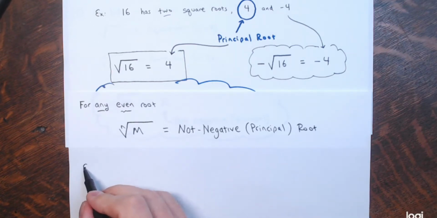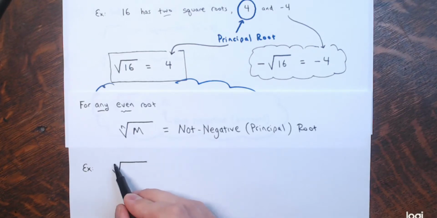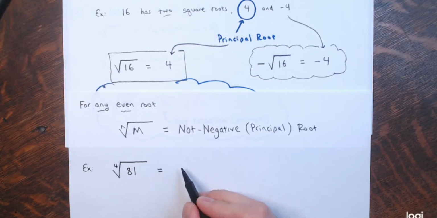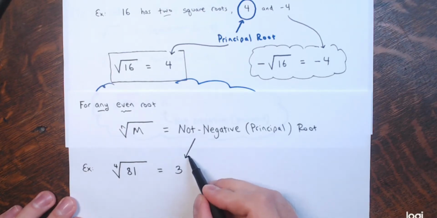So one more example here. Say I asked, what's the principal fourth root of 81? This would be equal to 3. Just 3, not negative 3. I know that negative 3 to the fourth power is also 81, but we want the positive one, the non-negative root.